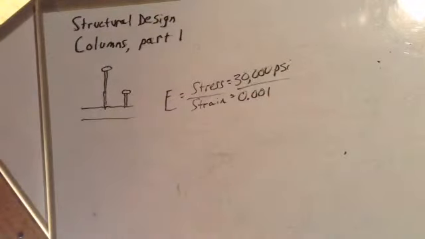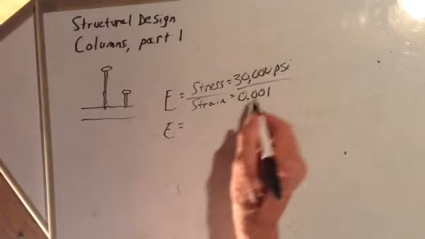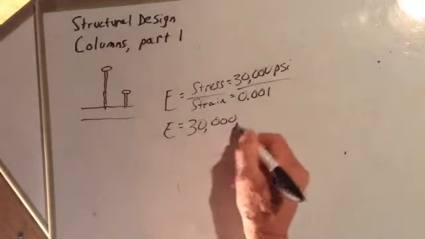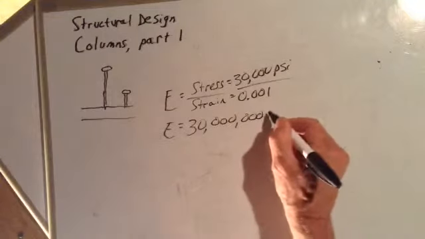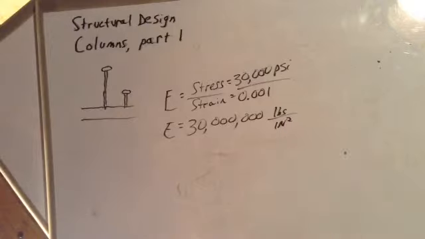So 30,000 pounds per square inch divided by 1/1000th is the same as multiplying 30,000 times 1,000. So Young's modulus for this particular case would be 30 million pounds per square inch.